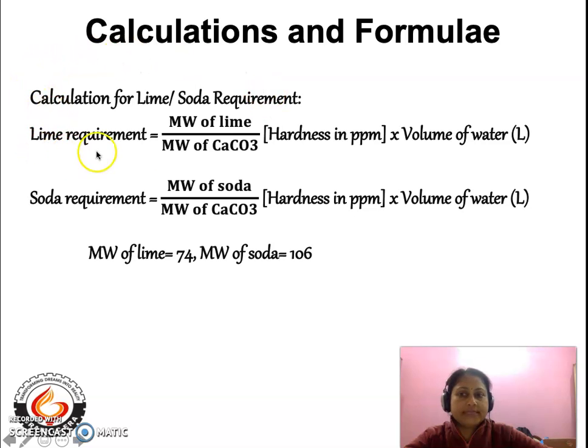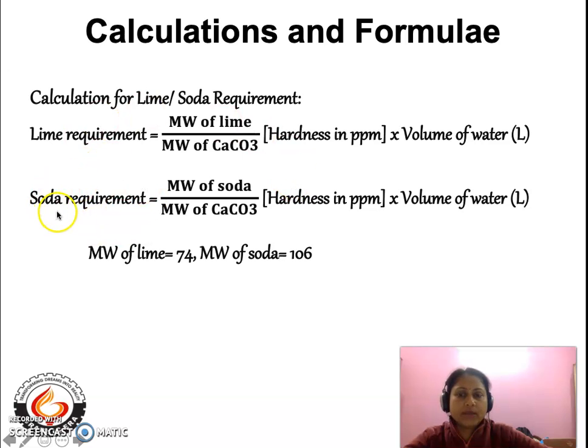The formula is that lime requirement is equal to molecular weight of lime divided by molecular weight of calcium carbonate into hardness of the sample that is present in ppm into the volume of water in liters. So that means how much volume of water has to be treated and how much lime is required. So this is the formula.